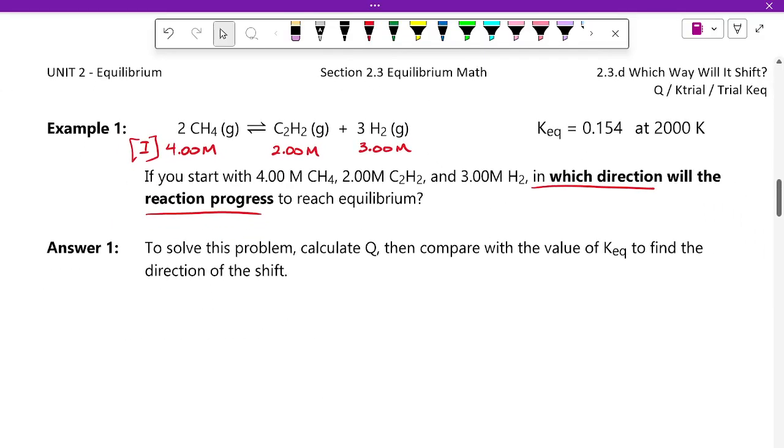So to solve this problem, you're going to calculate Q. Could you please write the expression for Q?